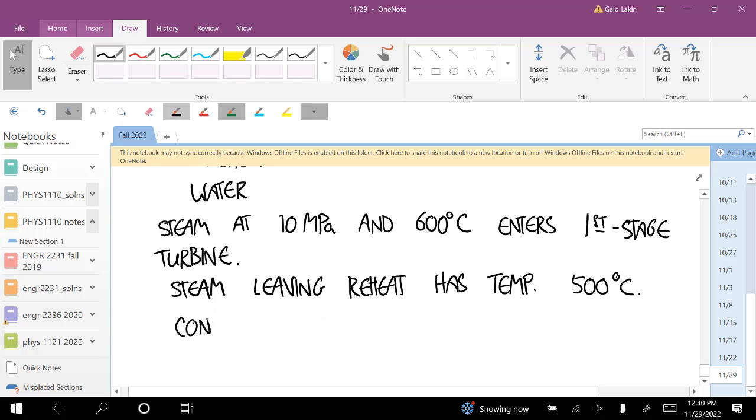The condenser pressure is 6 kilopascals.